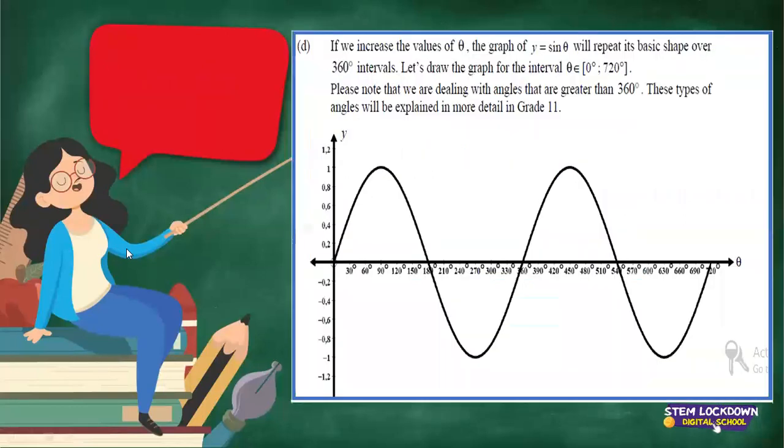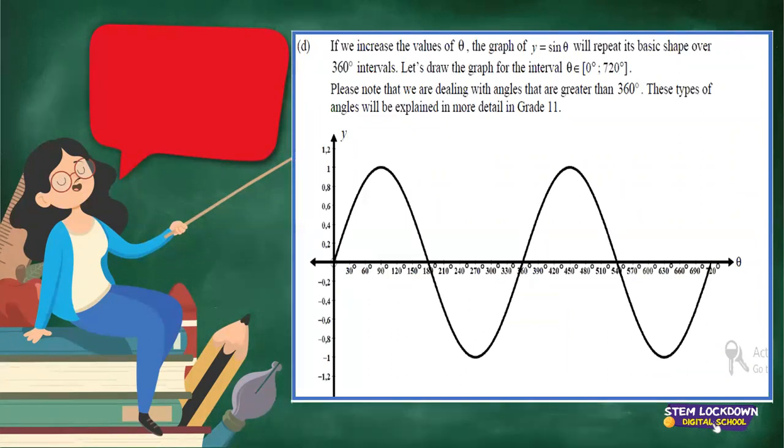Now we can increase theta. In our initial graph, the domain of theta was from 0 to 360. But sometimes we can be asked to plot sin theta from maybe -360 to +360, or from 0 to 720.